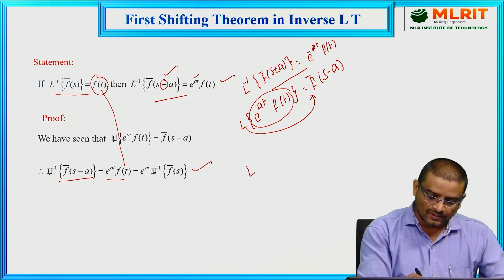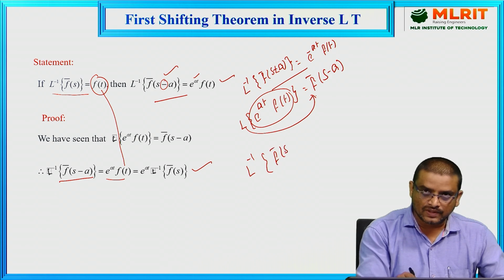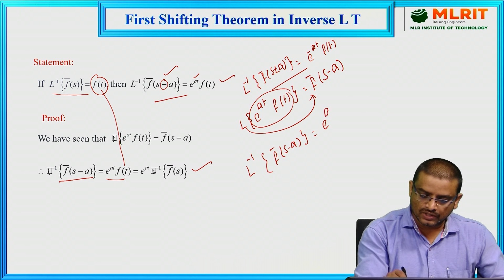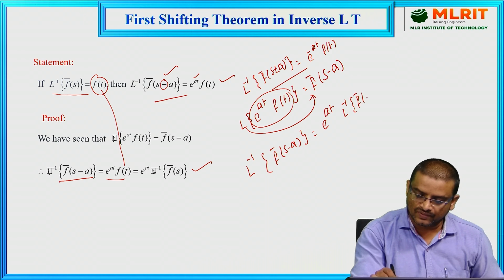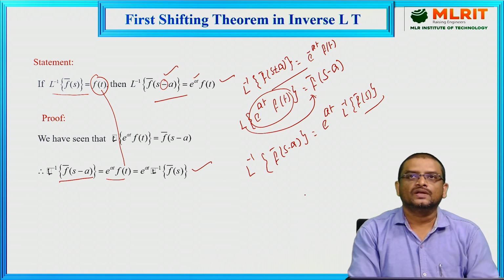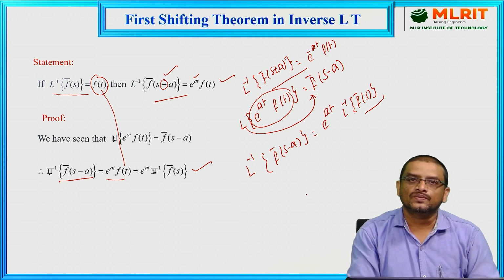So L inverse of f bar of s minus a is equal to e power at into f of t, and that f of t can be written as L inverse of f bar of s. So this is the first shifting theorem in the inverse Laplace transform.